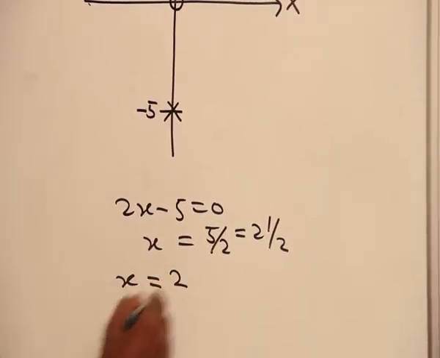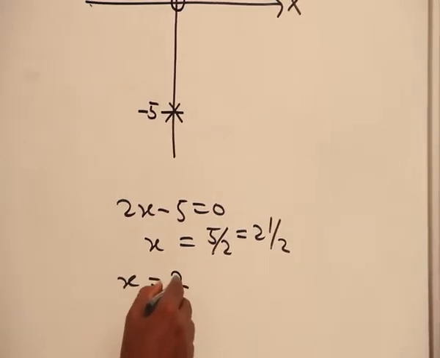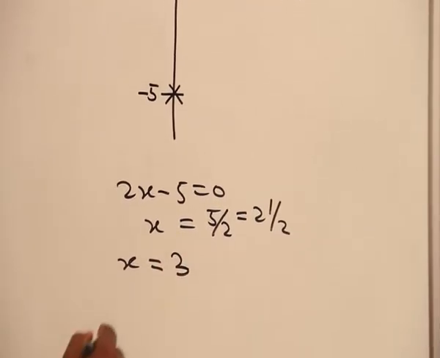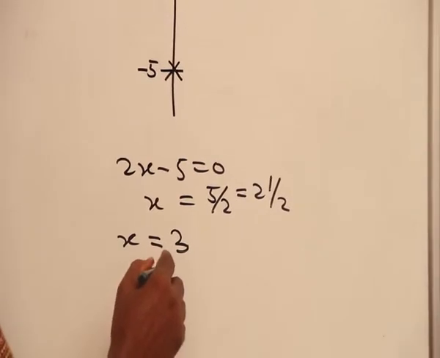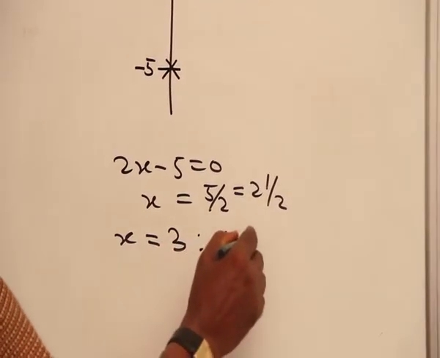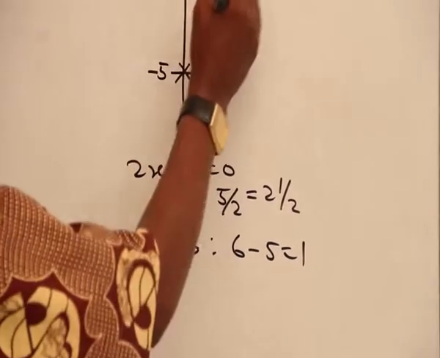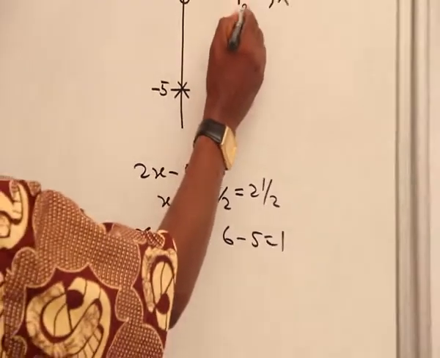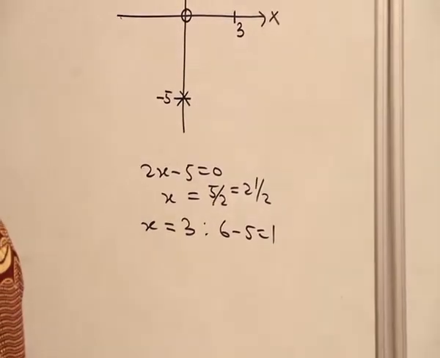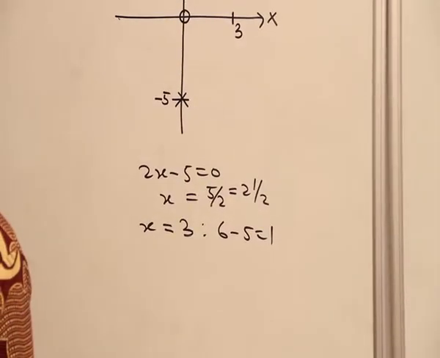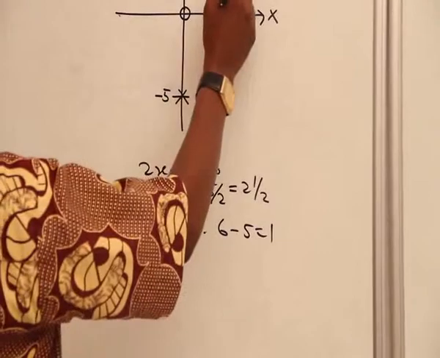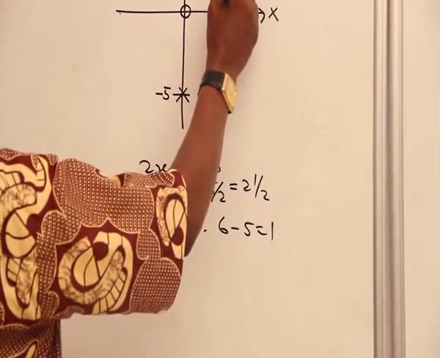When x is 2, what do we have? Or let's take when x is 3. That will be 2 times 3 is 6, minus 5, which is 1. So when x is 3, we can mark a place here and say this is x equal to 3, and then the value of y is equal to 1, and our 1 will be somewhere here, so we mark the point.